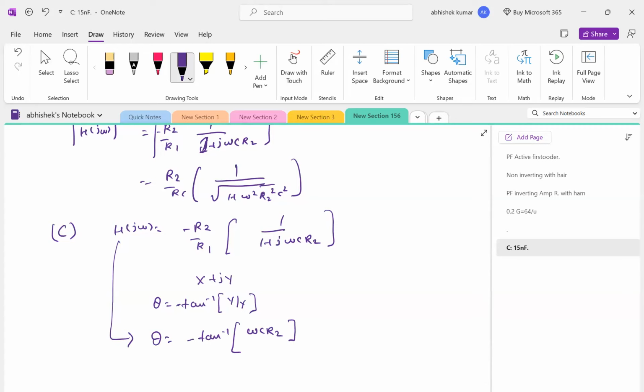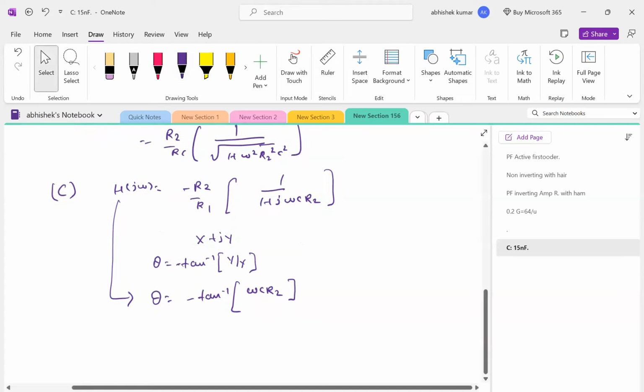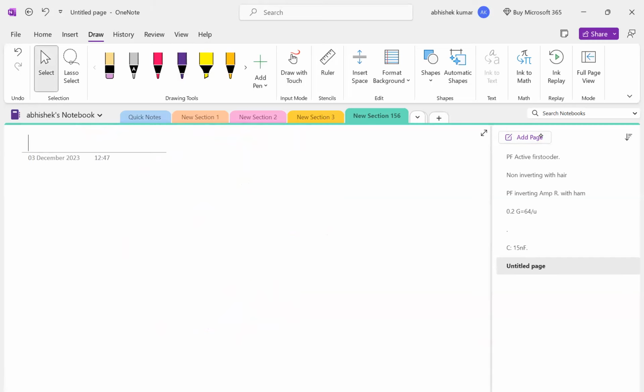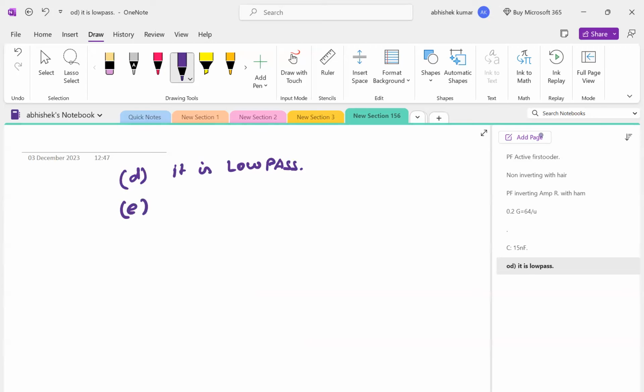And in D part, they have asked whether it is high pass or low pass. You can simply say that it is low pass. Any doubt in this? No. In E part, they have asked you what is the cutoff frequency.